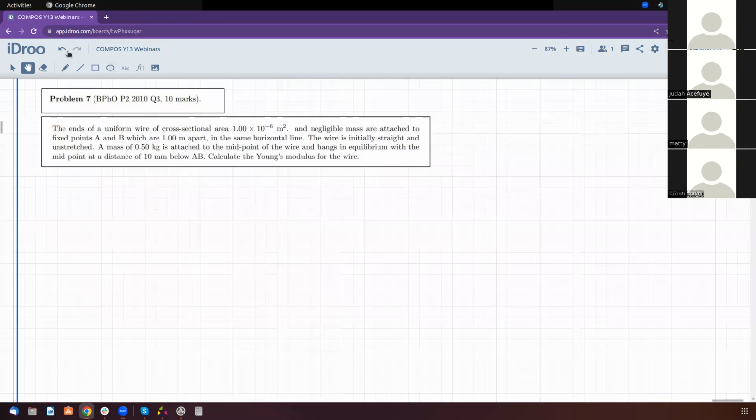The ends of a uniform wire, cross-sectional area 1 times 10 to the minus 6 meters squared, and negligible mass, are attached to fixed points A and B, which are 1 meter apart. So diagram, A and B. The wire is initially straight and unstretched.